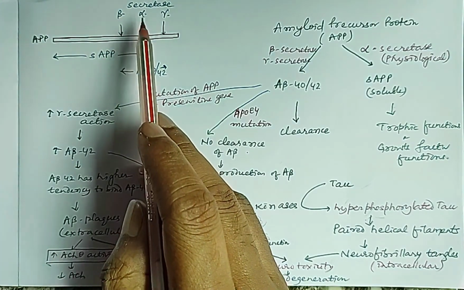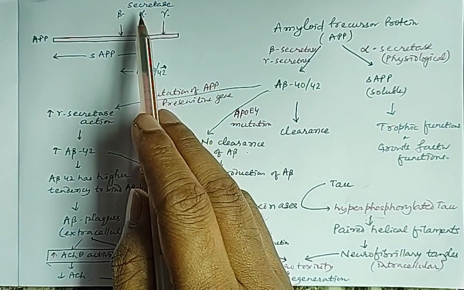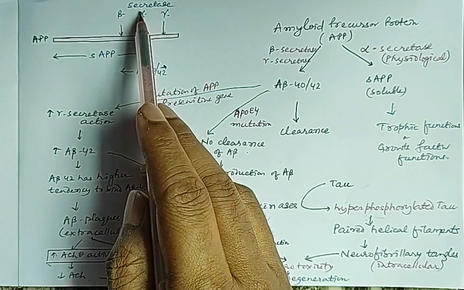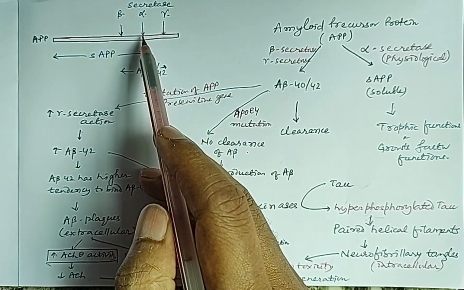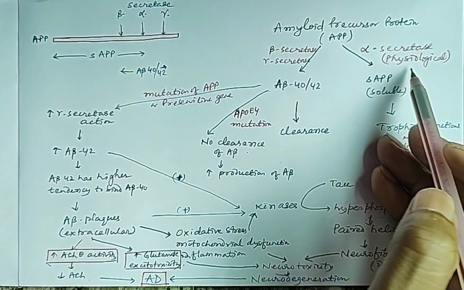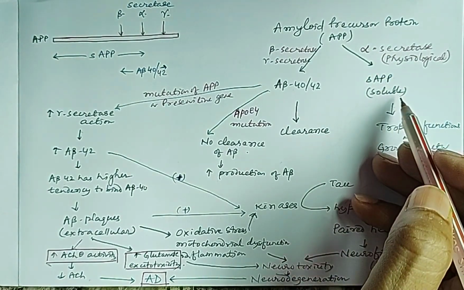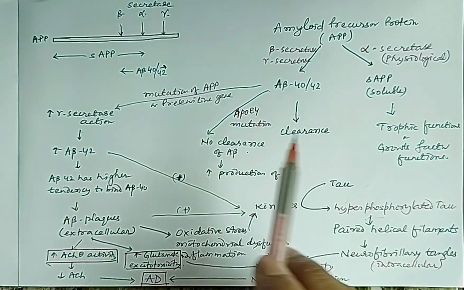Amyloid precursor protein is the protein to which three enzymes can act: alpha secretase, beta secretase, and gamma secretase. When alpha secretase acts, the amyloid precursor protein is degraded to soluble amyloid precursor protein, which has trophic functions or growth factor functions.